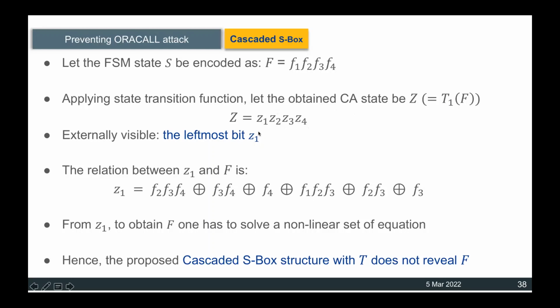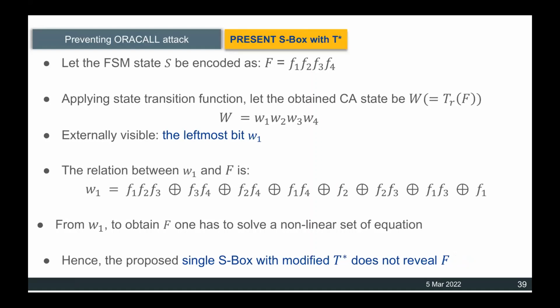Now if I export Z1, the question is, using Z1, because we know that Z1 will follow this equation, can one solve them to obtain the original bits of F? One has to solve a nonlinear set of equations and try to obtain back the original bits of F.